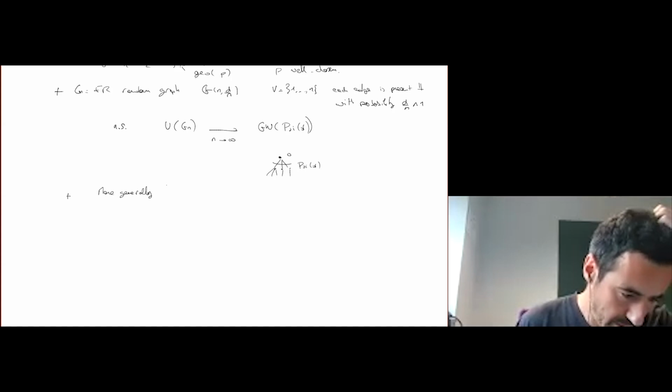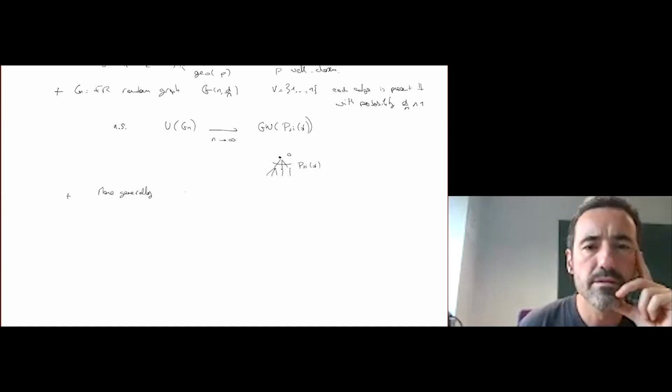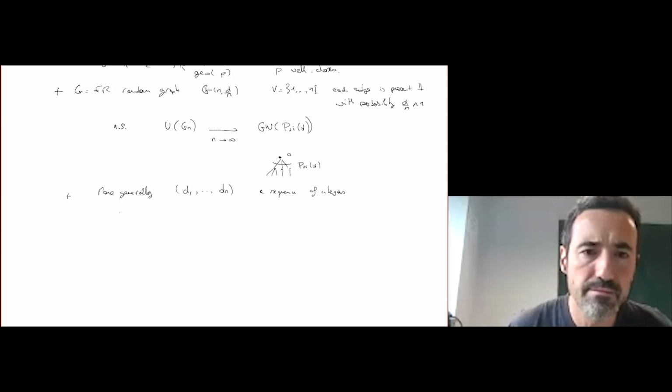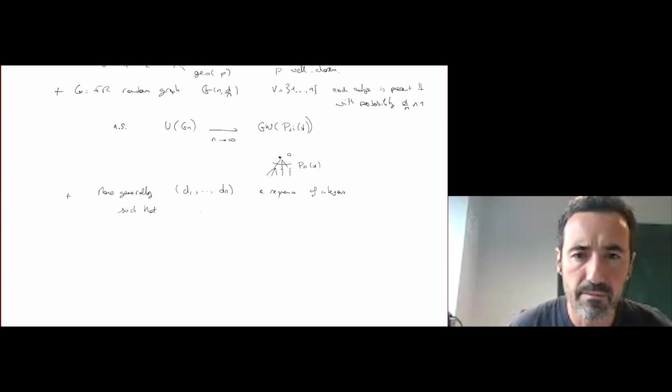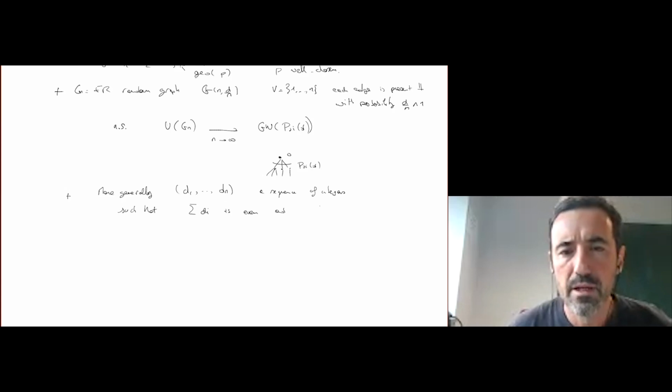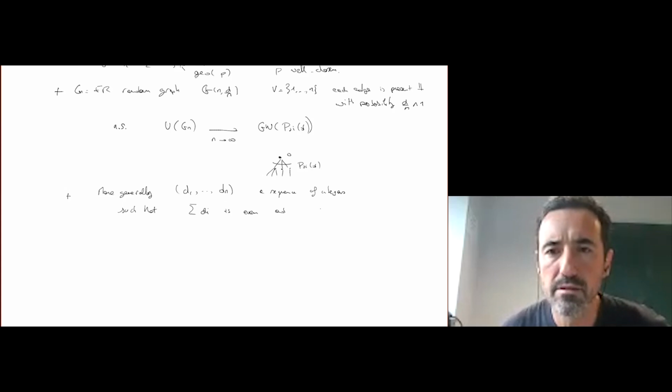there is the configuration model. If you take a sequence of integers d_1, ..., d_n such that the sum of the d_i is even, and for example the sum of d_i squared is bounded.